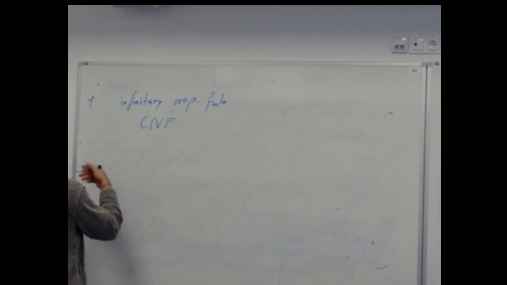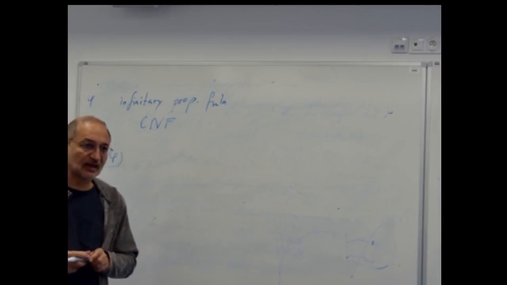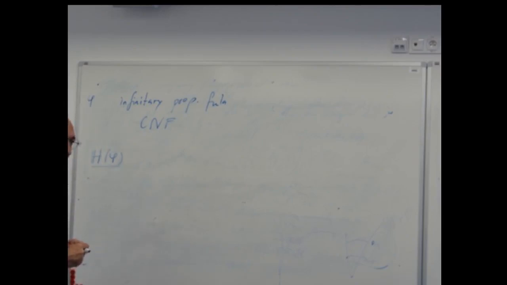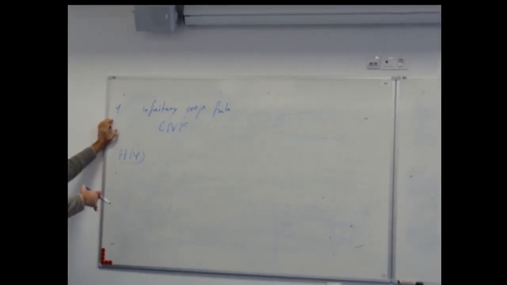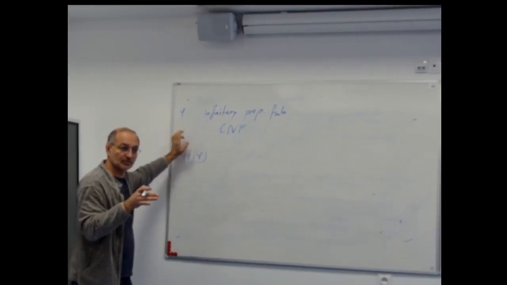We define the poset which we call H of phi. These are finite partial assignments which are consistent in the sense that you can win the game where I play clauses and you extend the assignment to satisfy the clauses, and the only requirement is not to play contradictions.